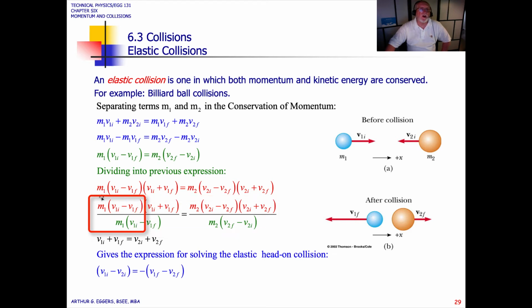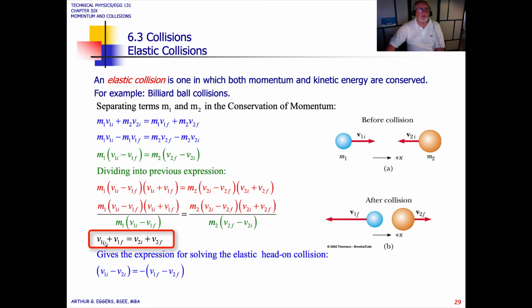All of this in the numerator matches all of this in the denominator, so it cancels out. All of this in the numerator matches all of this in the denominator, so it cancels out. So you can see what we're doing: we're manipulating this to get it into the simplest form where we can put the two relationships together.